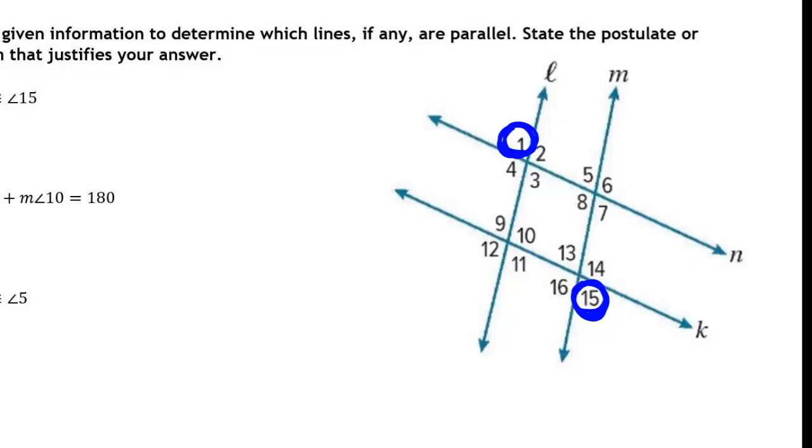Well, angle 1 touches L. Does angle 15 touch L? So L's not the transversal. Angle 15 touches M. Does angle 1 touch M? So M's not the transversal. Is there a line that both angles are touching at the same time? Is there a single line that both angles are touching? 15 touches K, but angle 1 doesn't touch K. Angle 1 touches N, but angle 15 doesn't touch N, right?